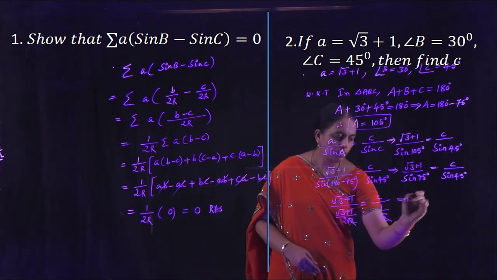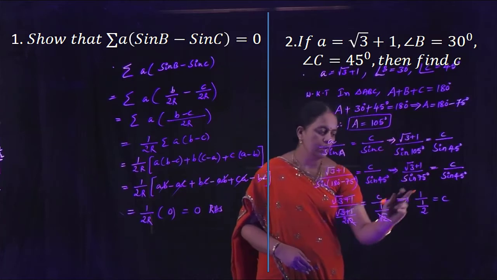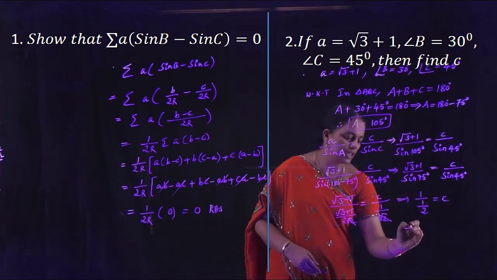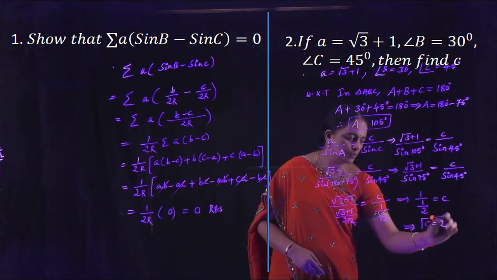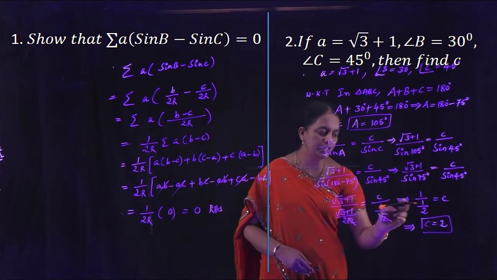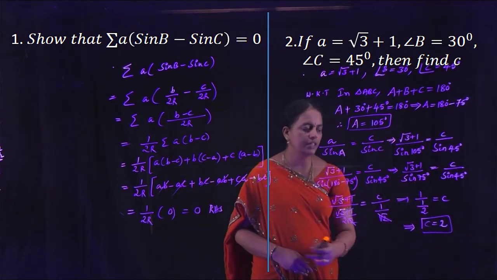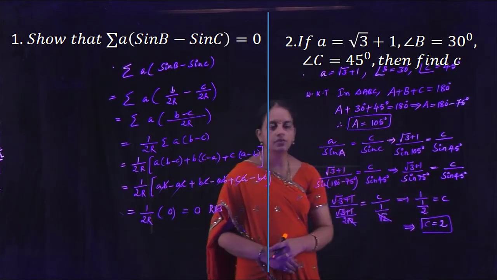We get 1 by 2 is equal to 1 by c. Therefore, small c is equal to 2. Here 1 by (1 by 2) means 2, denominator of denominator, so 2 goes to the numerator. Therefore, c is equal to 2.